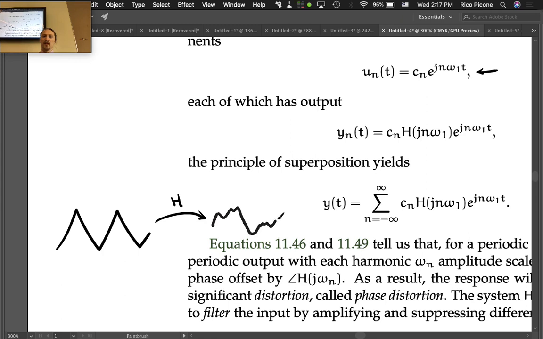It'll be periodic, but it could look very different than it did going in. Oftentimes, it looks more rounded off than it does going in, because many frequency response functions filter out high frequency components, and sharp corners have a lot of high frequency components in them.